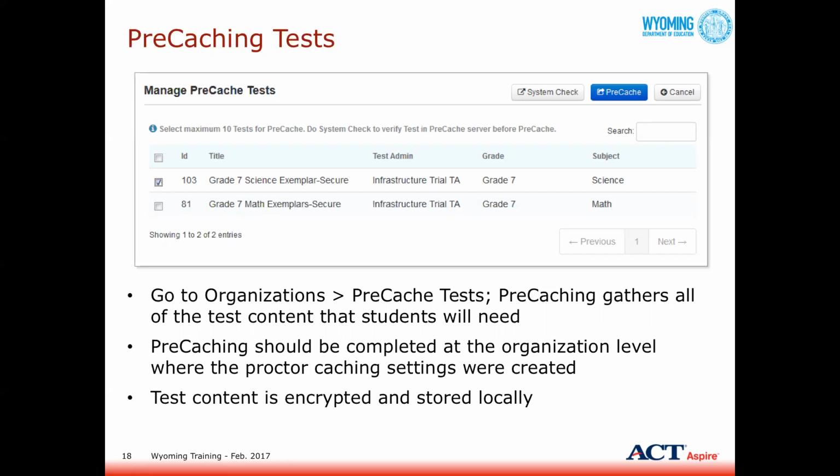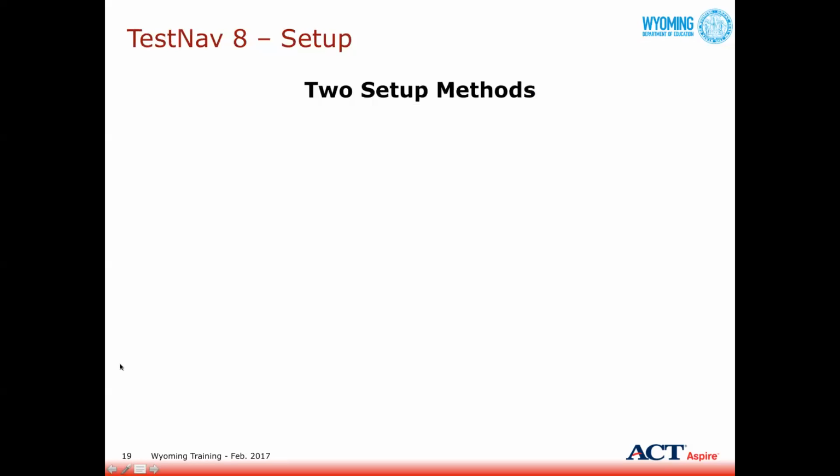So you would go onto that Proctor Cache machine, open up a browser, go into the ACT Aspire portal, click on organizations down to pre-cache test, highlight the 5 EHS test forms, and then click on that pre-cache button, which will launch you into that previous screen, which is the Manage Proctor Cache settings, to be able to watch the test content be loaded into your server. So click on those links on the left-hand side and click on pre-cache.